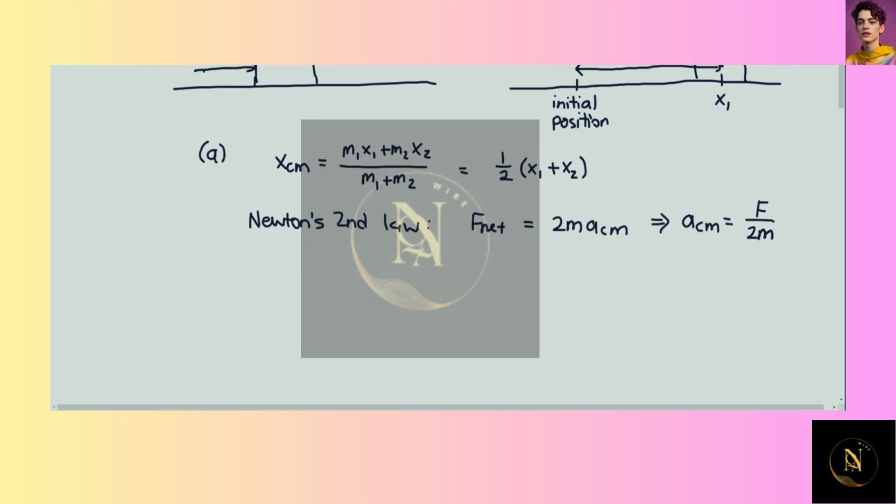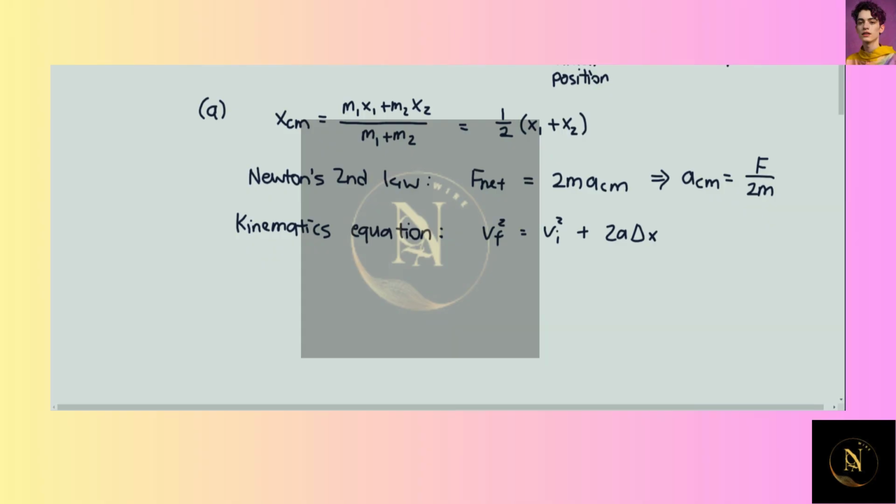Then we'll be using the kinematics equation: V final squared equals Vi squared plus 2a delta x. So a is our ACM, delta x is our XCM, and Vi is 0, so V final is our VCM.